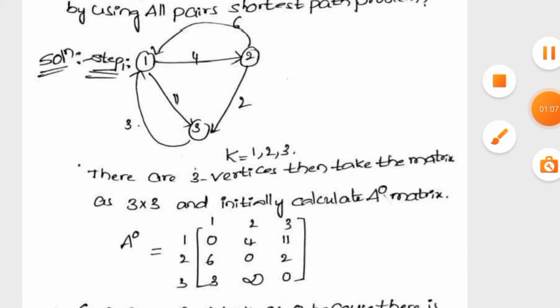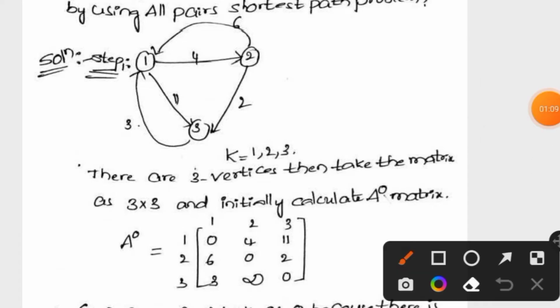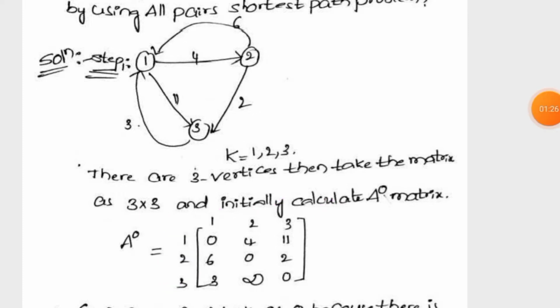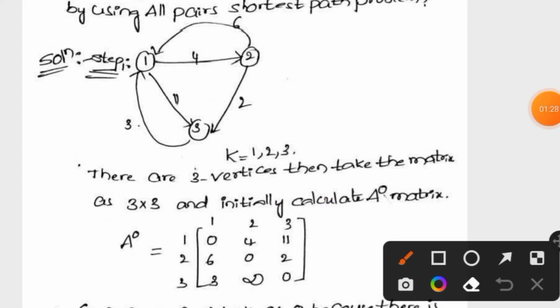In the graph there are three vertices, that's why we take a 3 by 3 matrix. So here we have to take 1, 2, 3 columns and 3 rows.